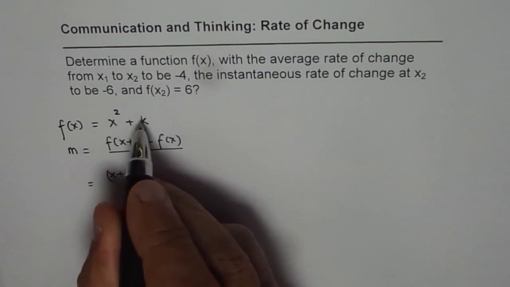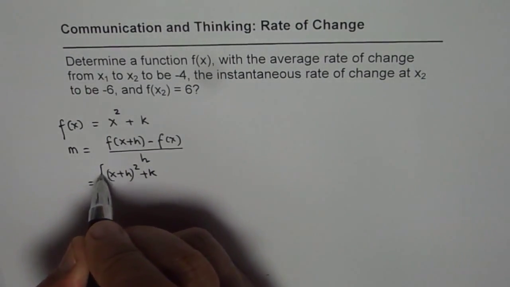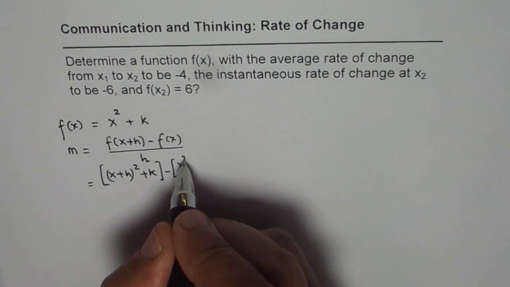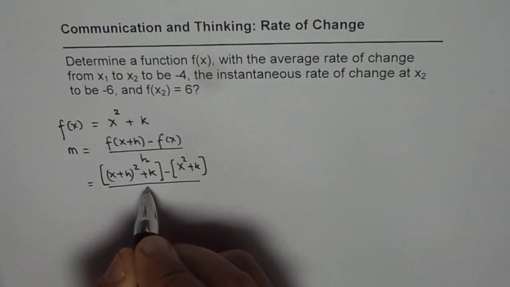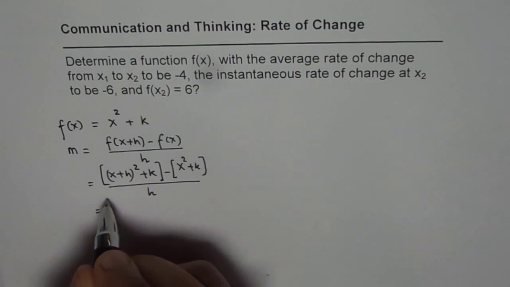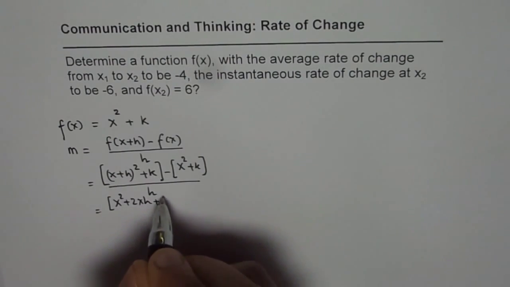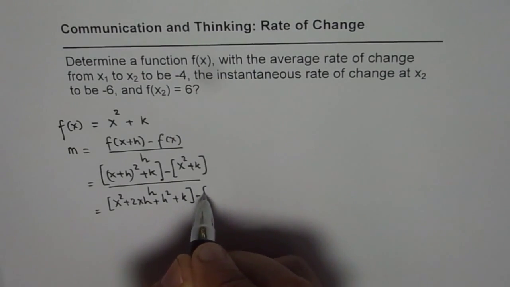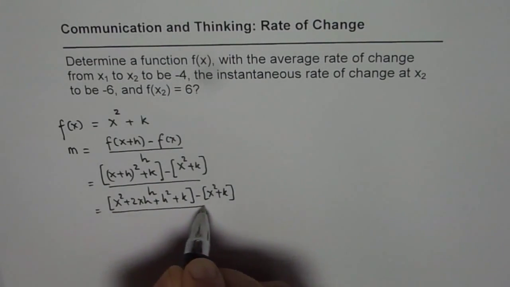We are replacing x with x plus h, plus k, that is the first term, minus x squared plus k, divided by h, right? Now if you solve this, you get x squared plus 2xh plus h squared plus k minus x squared plus k, over h.